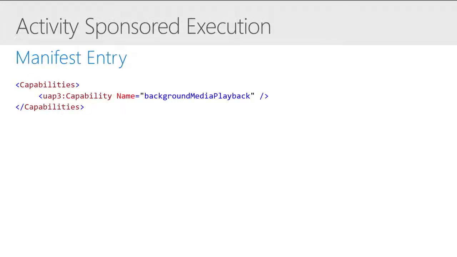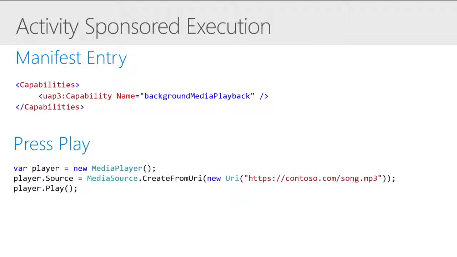Now, in the Anniversary Update, we introduced background media playback. And with background media playback, all you have to do is add this capability to your application's manifest and just press play. You can use any of the same playback APIs that you would normally use for foreground activity, and it'll just run seamlessly into the background.